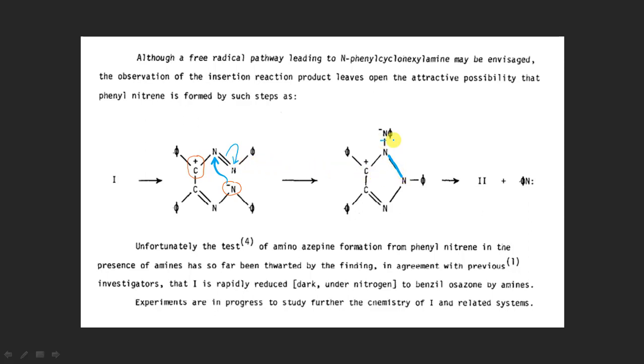And this one here is now having a negative charge, right? And finally, what will happen is that these electrons are shifting from here to here, giving a double bond N here. And of course, this will now be having a positive charge in this way.